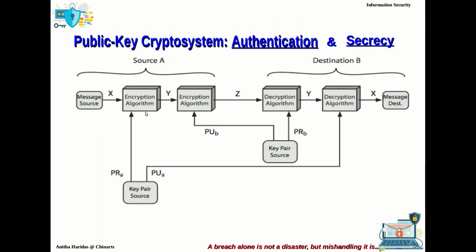A key pair source, the private key, will be used for the encryption, and this output will be given again to the encryption algorithm using the public key of the second pair. Then this value will be decrypted first using the private key, and then it will be decrypted using the public key. So this diagram better describes how authentication and secrecy can be achieved using the public key crypto system.